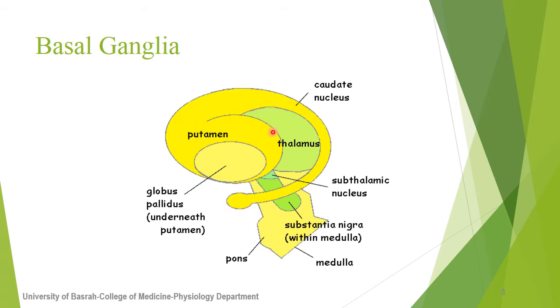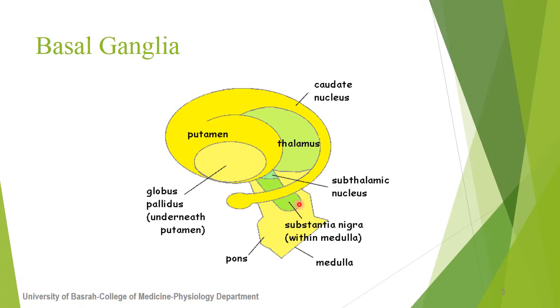Then we have this yellowish circle called the putamen nucleus, the second one, and beneath it we have the globus pallidus, the third nucleus, this circle here. We also have a small nucleus located just underneath the thalamus, called the subthalamic nucleus.